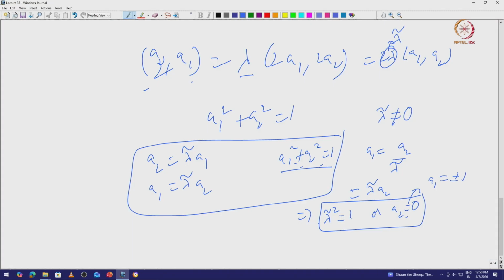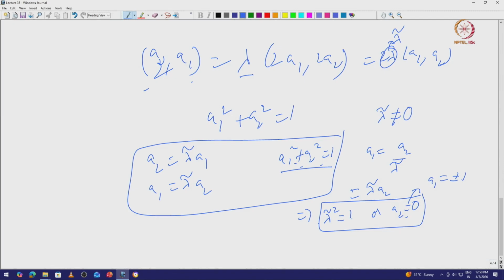So you can find out what the extrema are, and you can easily check that you will attain the maximum value of f, which will be half, and the minimum value will be minus half.